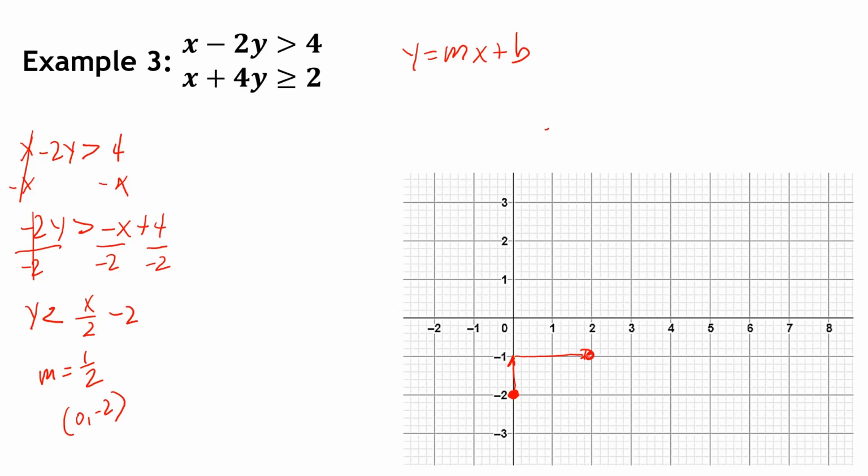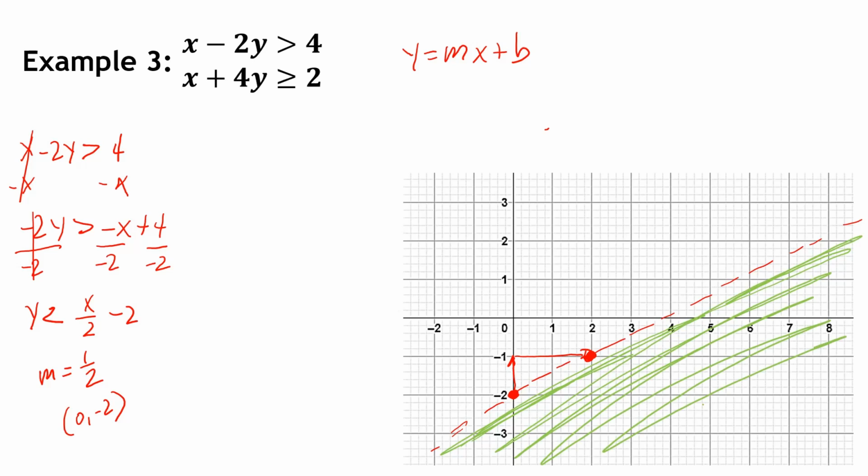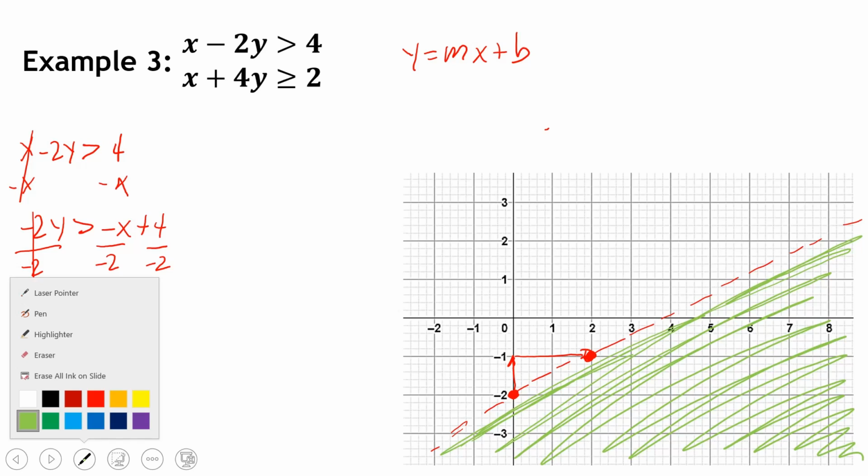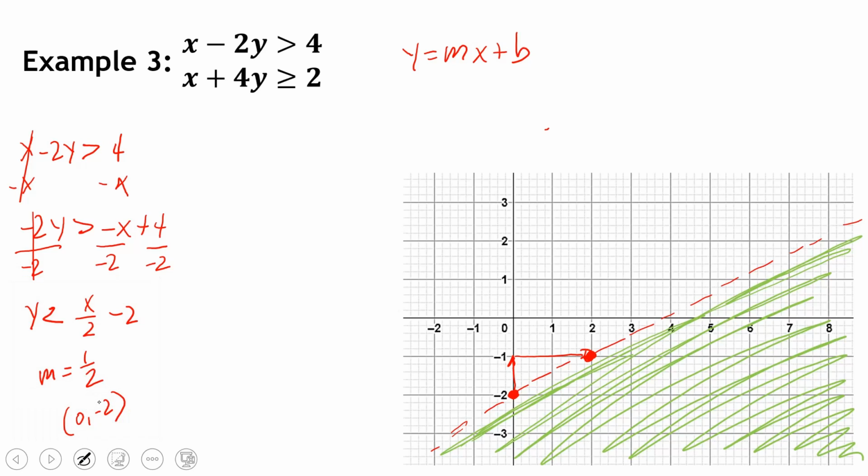There's your other point. We will use a dashed line here because it's a non-inclusive inequality, and we will shade the lower region because it's less than.